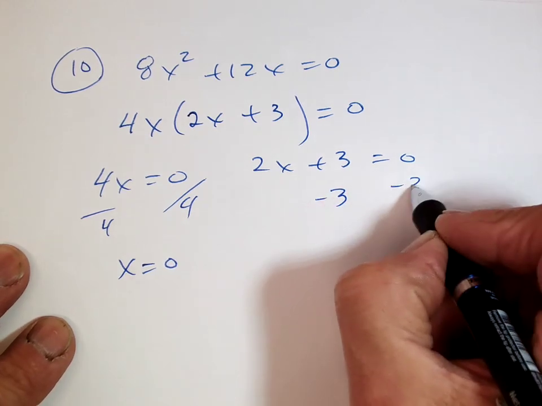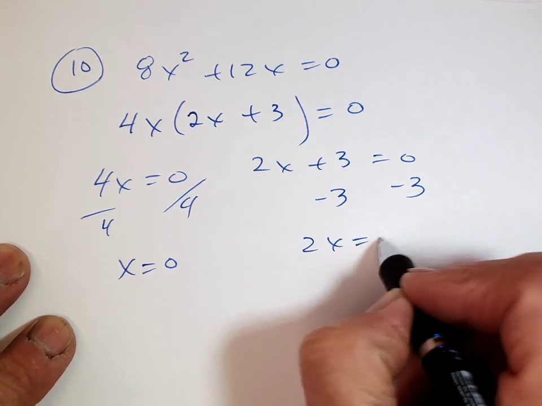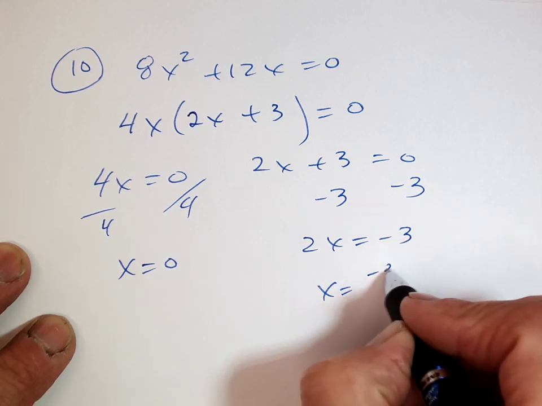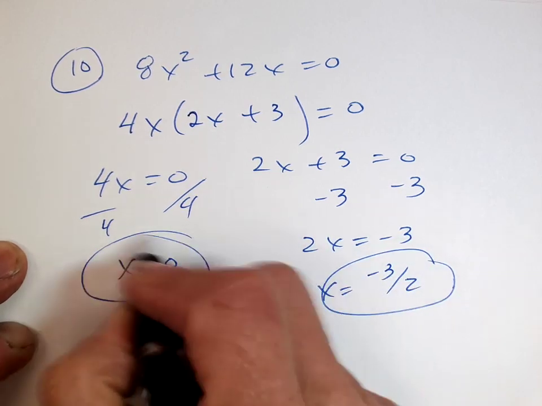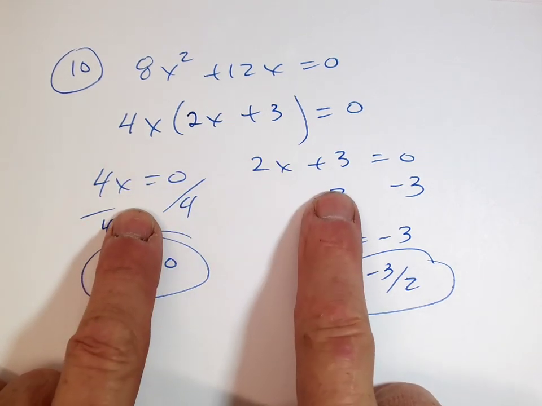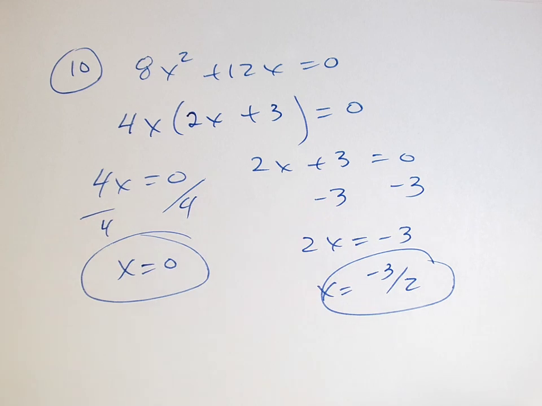Minus 3, I get 2x equals negative 3. Divide by 2, x equals negative 3 halves. And those are my 2 zeros. Okay? So I factored. I had 2 mini equations. I set my 2 mini equations equal to 0, and I solved.